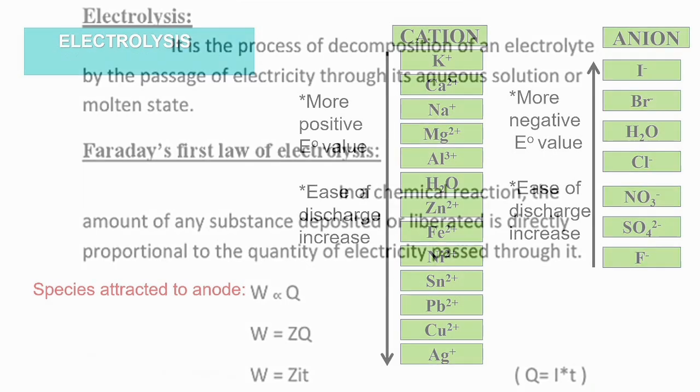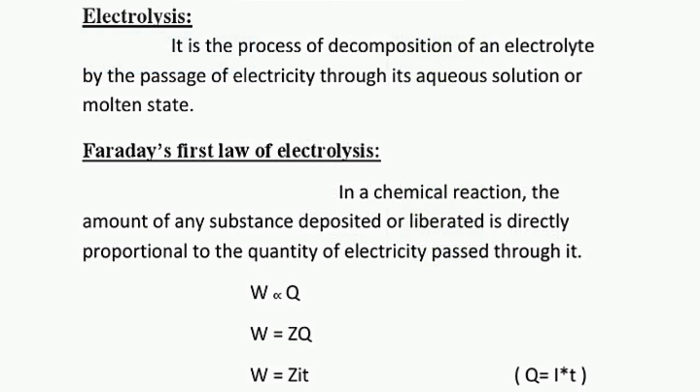Remember Faraday's first law of electrolysis, which says that the mass of an element discharged during electrolysis is directly proportional to the quantity of electricity passing through that solution, and it's represented by the formula Q = IT.